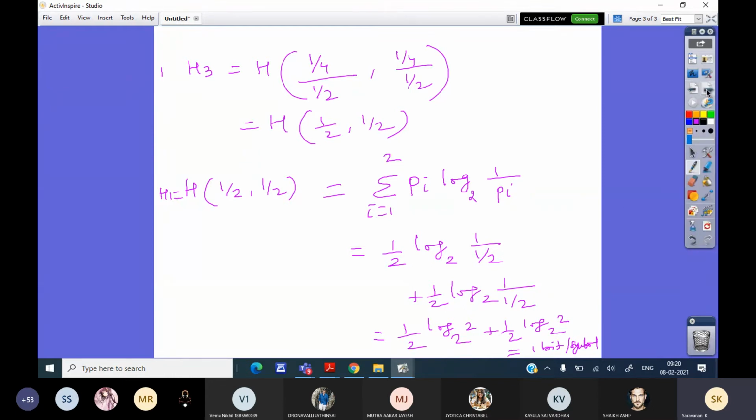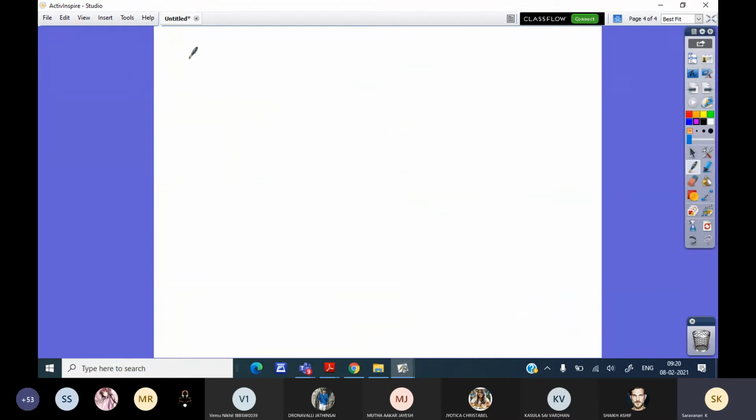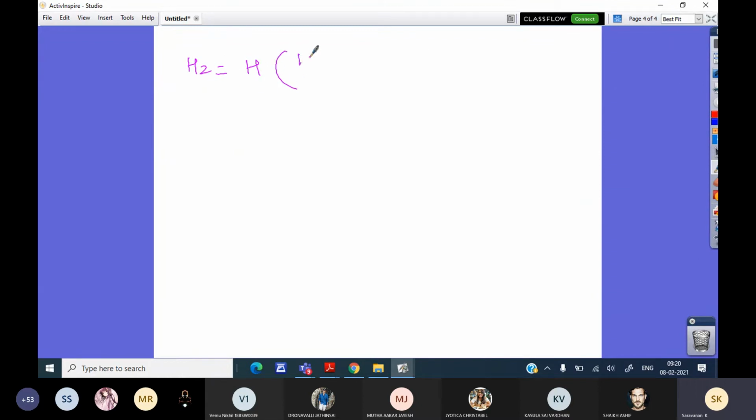Next, you have to find out H2. As I told earlier, I am dividing only one event, the E2 event of 1 by 2, into two sub-events. The sub-event probabilities are 1 by 4 and 1 by 4. With this, I have to compute my H again.